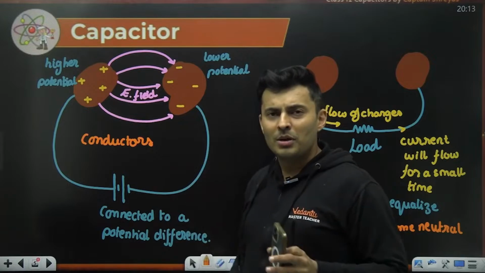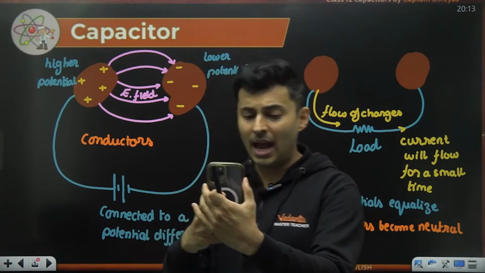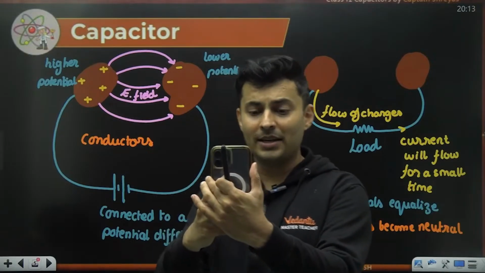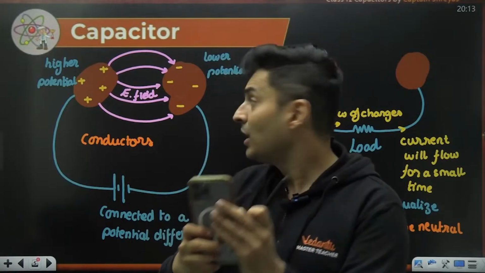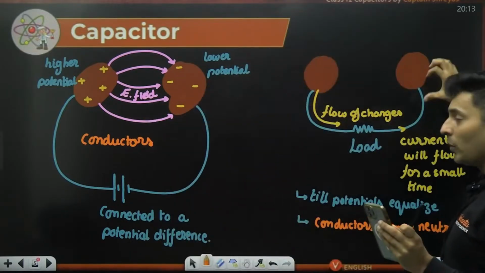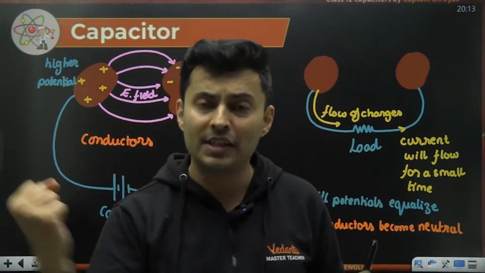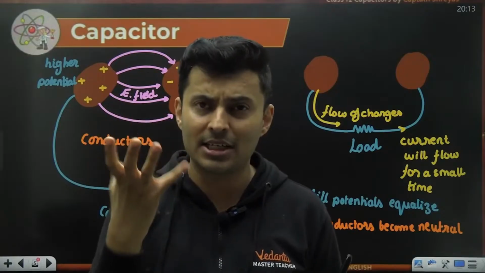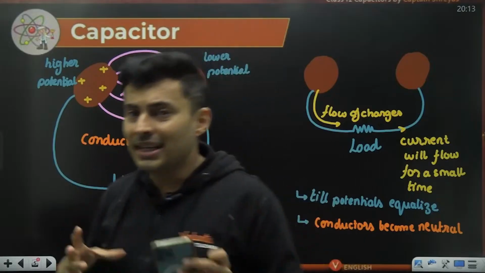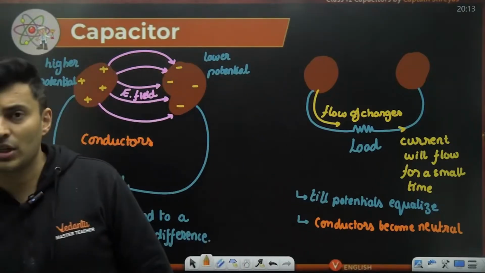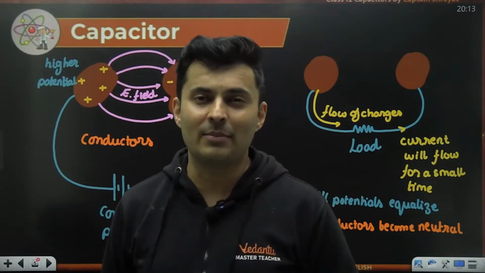The moment you press the selfie button or whatever, you are taking a photo, all the charge will go in a small amount of time, thereby creating a sudden surge in the current or electrical energy, which is then converted into light. So wherever you generally need a sudden surge of current for a small time, there you will use these capacitors.